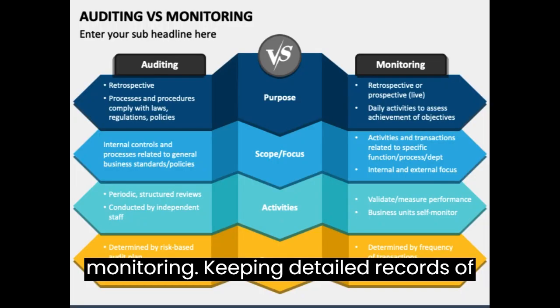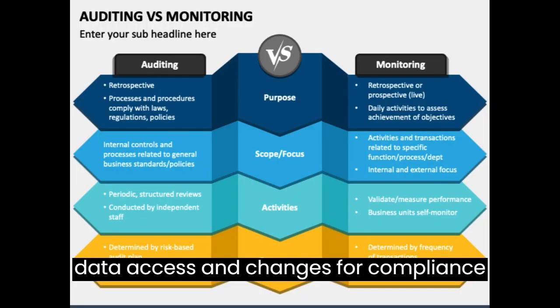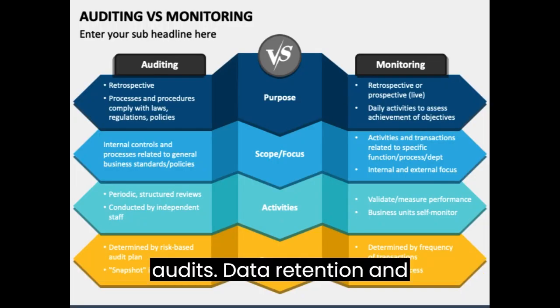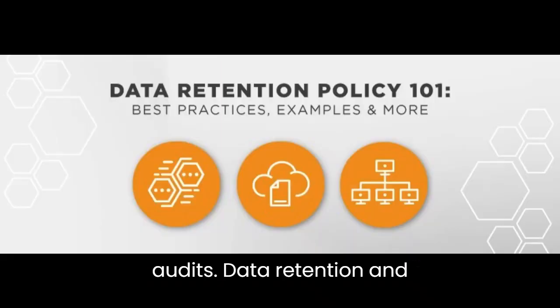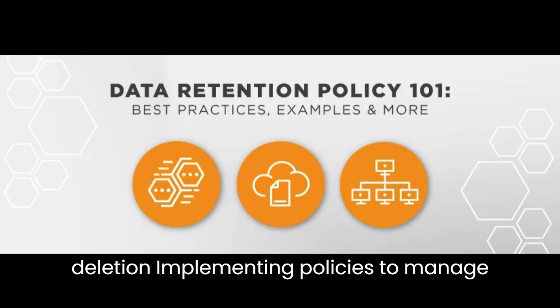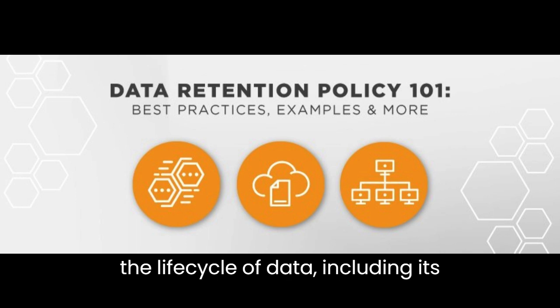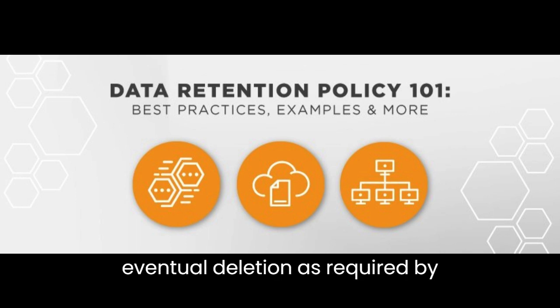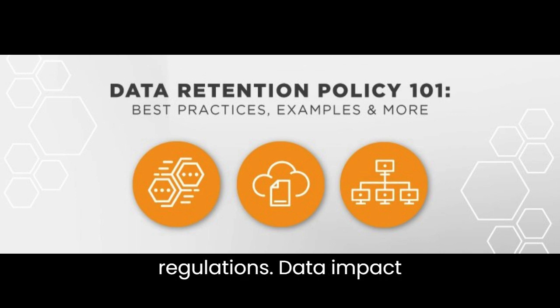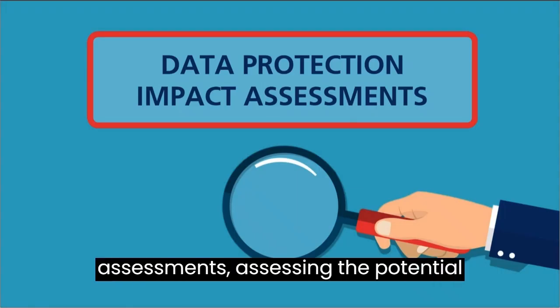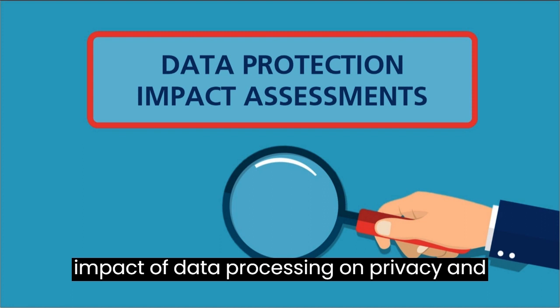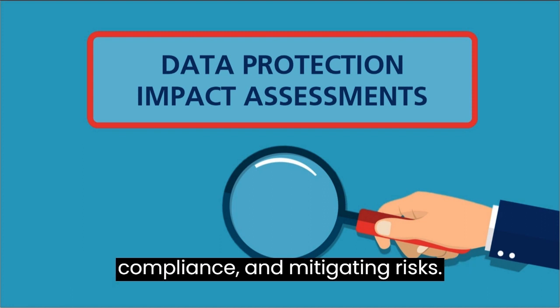Auditing and monitoring, keeping detailed records of data access and changes for compliance audits. Data retention and deletion, implementing policies to manage the life cycle of data, including its eventual deletion as required by regulations. Data impact assessments, assessing the potential impact of data processing on privacy and compliance and mitigating risks.